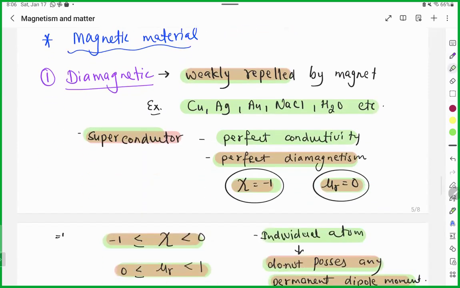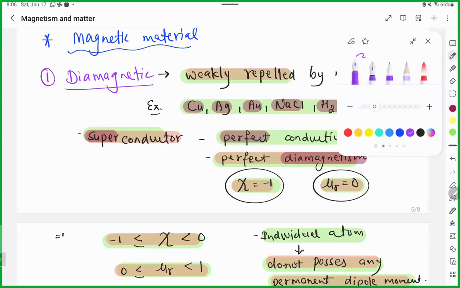These are the substances that are repelled by a magnet: copper, silver, gold, NaCl, H2O, because they have almost fulfilled configuration. They usually have fulfilled configuration. Superconductor, perfect conductor, perfect diamagnetism: all electrons are paired.